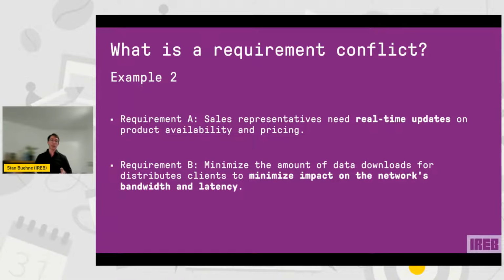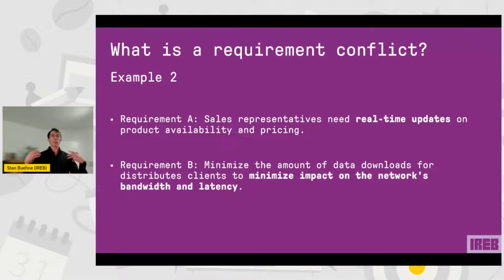Another thing is, we want to have real-time updates, for instance, for our product catalog, so that they are able to see all the newest prices, newest products available, the dependencies between the products and so on. And on the other hand, maybe operations is telling us, hey, we need to restrict the amount of data download because we have some network and bandwidth troubles at certain clients.